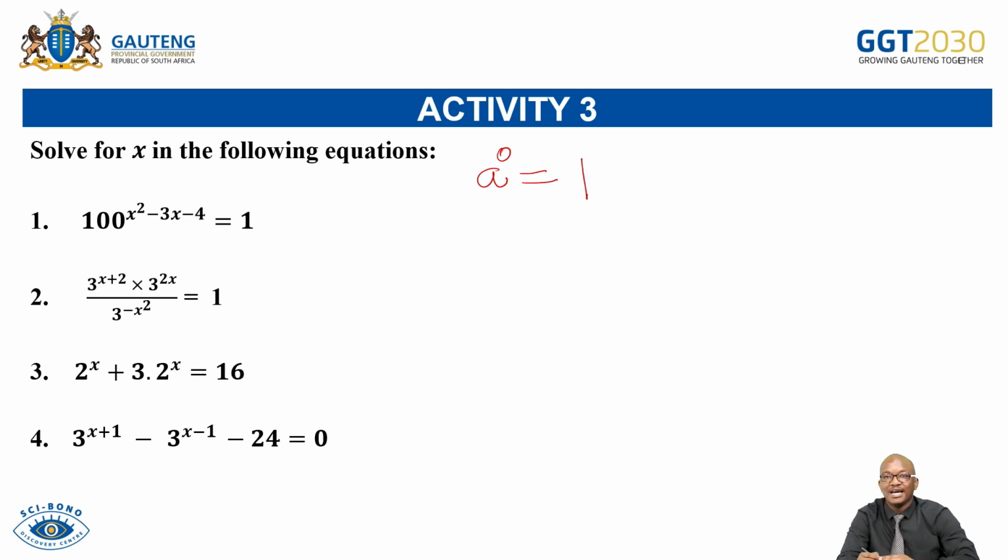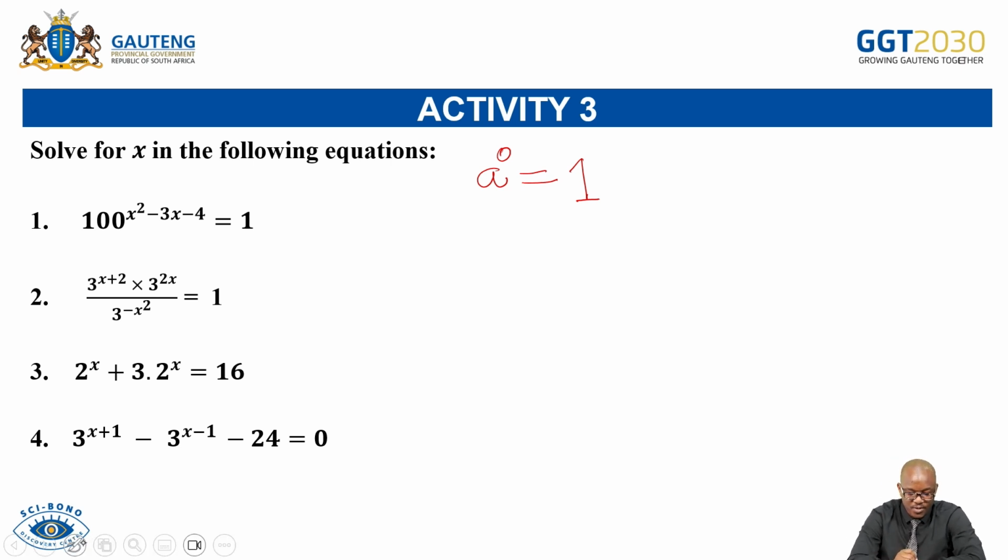Remember, it can be either a number or a variable. It doesn't matter. What you need to understand is that any variable or any number raised to the power of 0 is equal to 1.